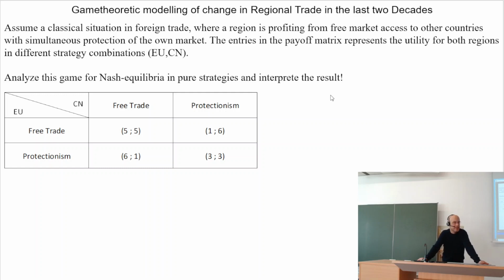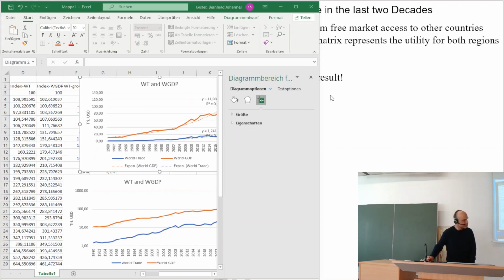So my question is, have you done at least some game theory, maybe in microeconomics or in some business administration courses? So you have already heard of the concept of Nash equilibrium? Okay, great.